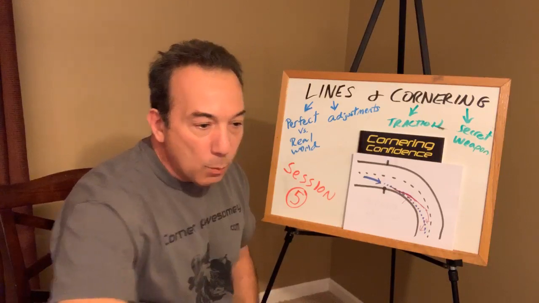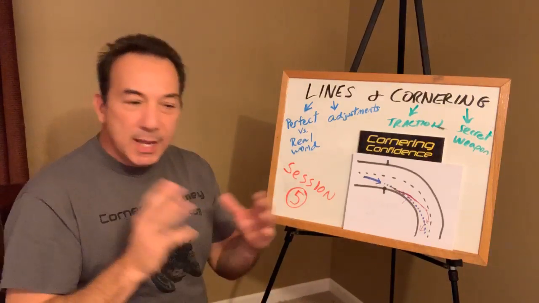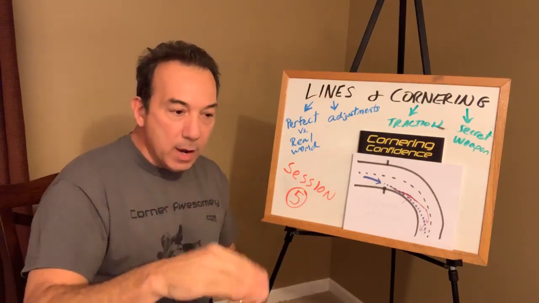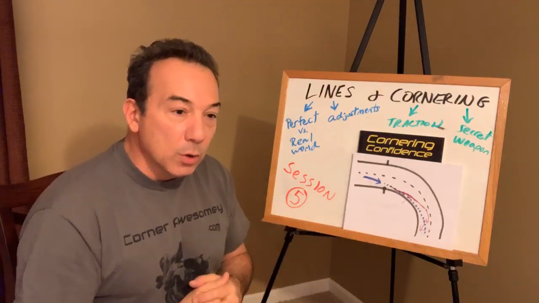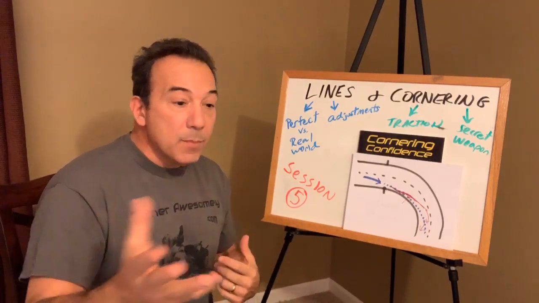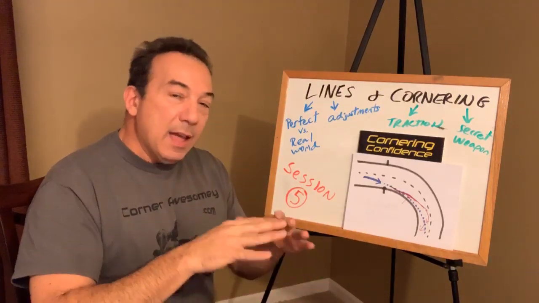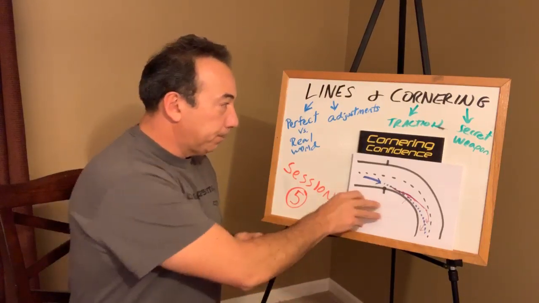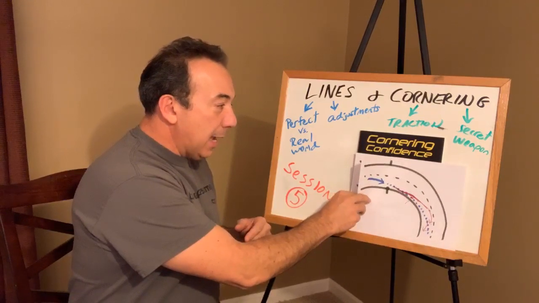Now, before I go to some questions, if you have a question, throw it in there. But what I want to do before going on to the next part of the session on cornering is go over the action steps and action items that you can do when you're practicing your lines.